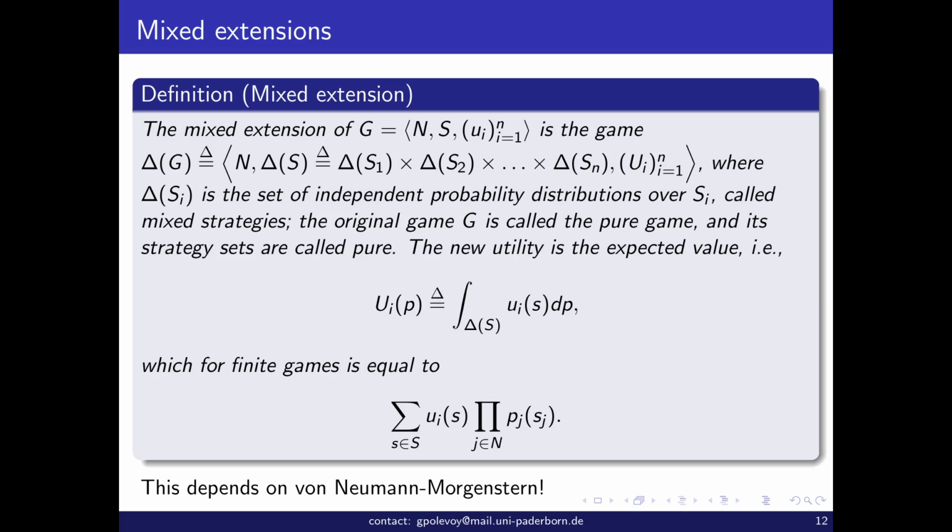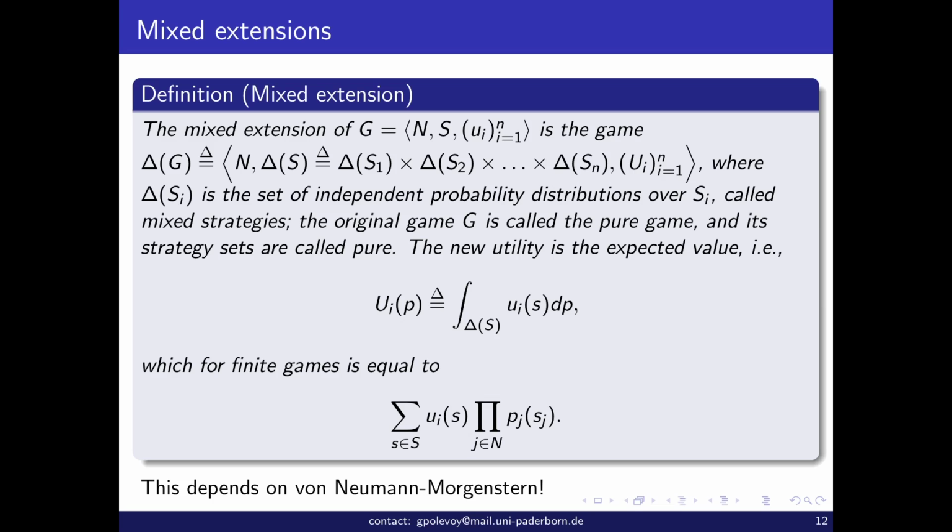So this expectation is simply equal to the sum over all the pure strategies, when we weight what the player gets in this pure strategy by the probability of that strategy, of that profile, not strategy.